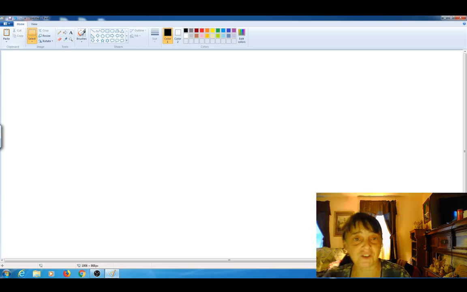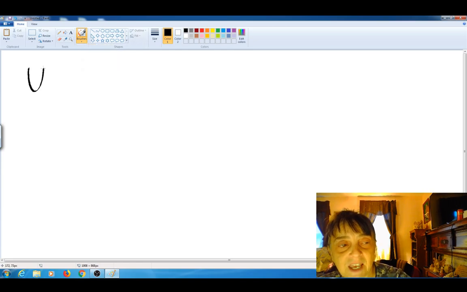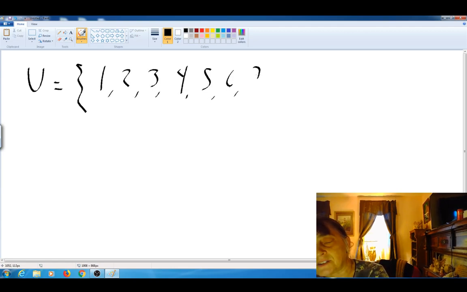The universal set is the set of elements under discussion, and all the other sets underneath that are going to be subsets of that set. So the set U in this problem is 1, 2, 3, 4, 5, 6, 7, 8, 9, 10.